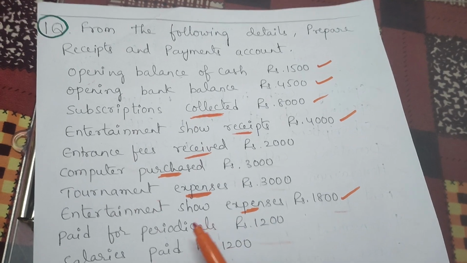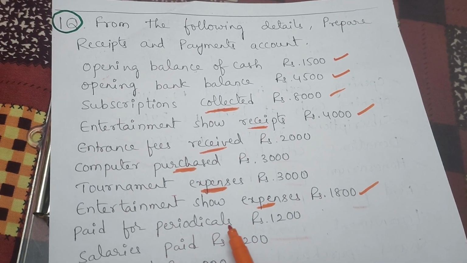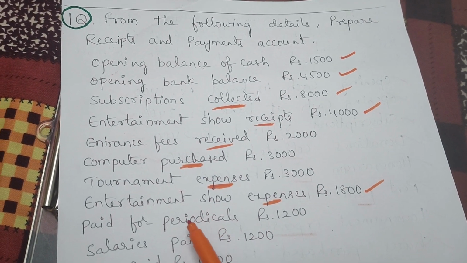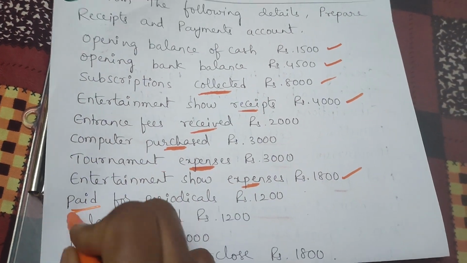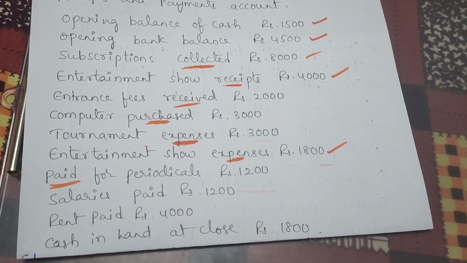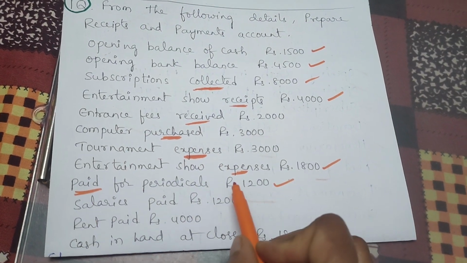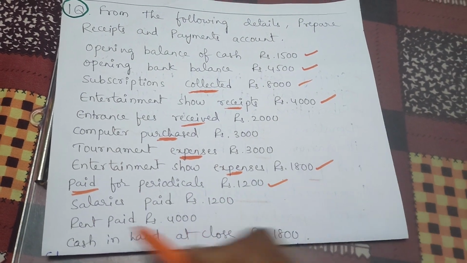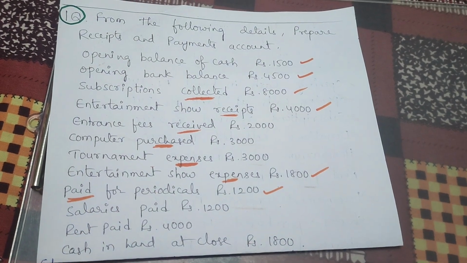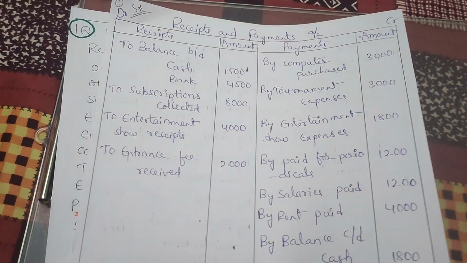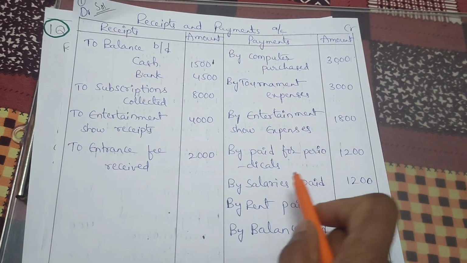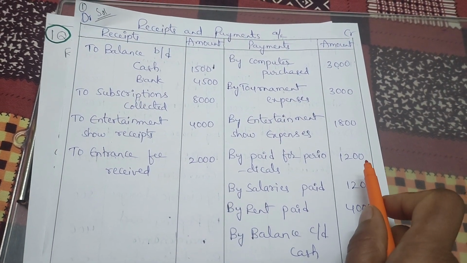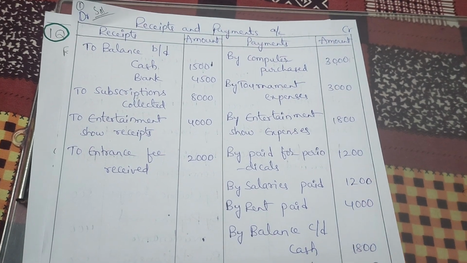And let us see. Paid for periodicals. Paid means payment. Paid for periodicals 1200. So the word paid itself gives us the idea that it will be recorded under payments only. So here by paid for periodicals, on the credit side we recorded 1200 rupees.